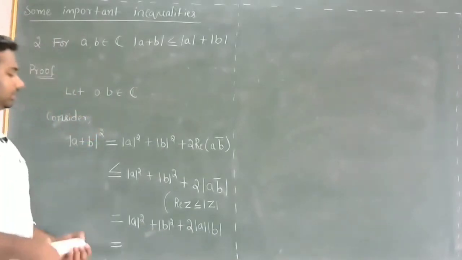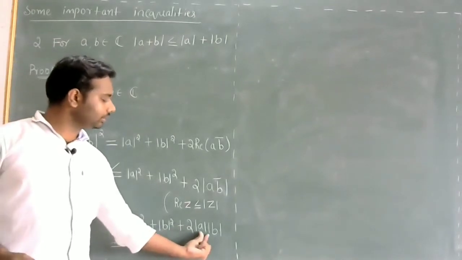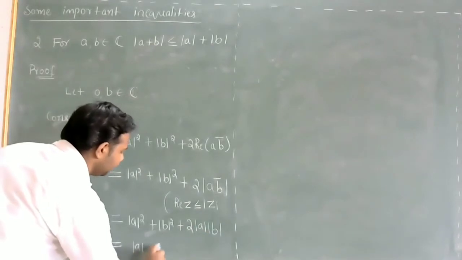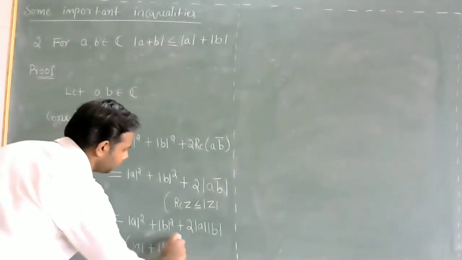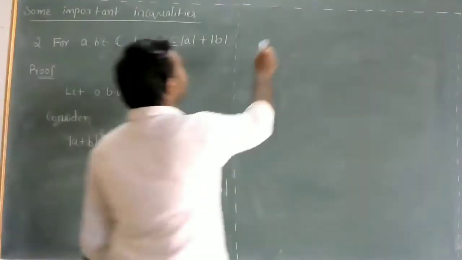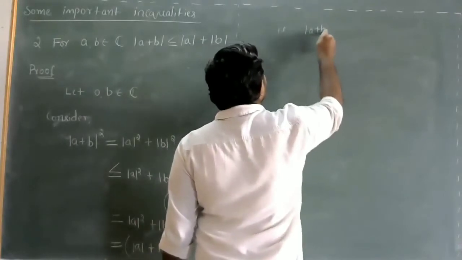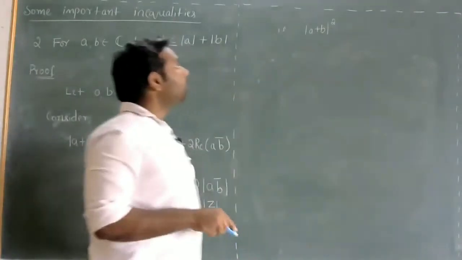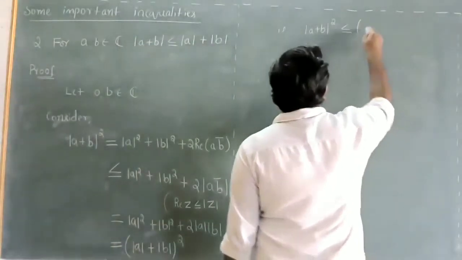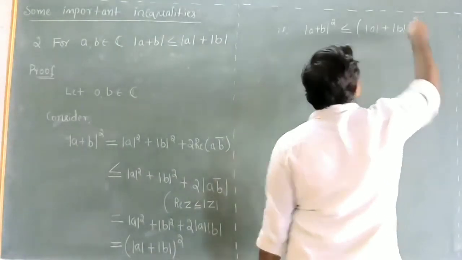Now see this, it is of the form A square plus B square plus 2 into A into B. So it is nothing but A plus B whole square. So that is what we have. Modulus of A plus B whole square is less than or equal to modulus of A plus modulus of B whole square.